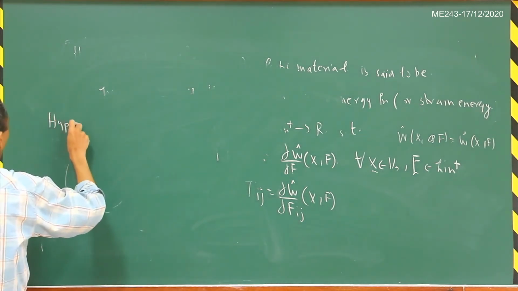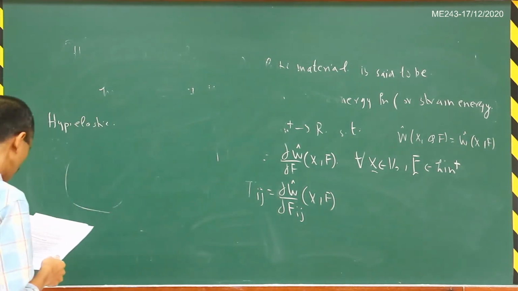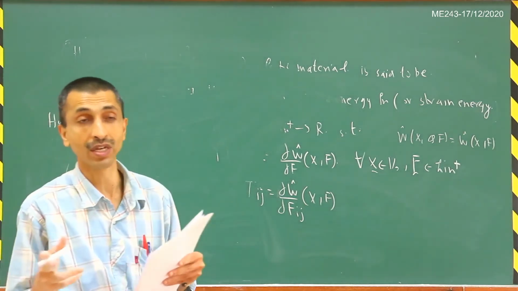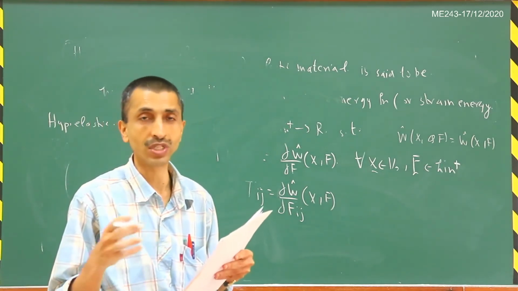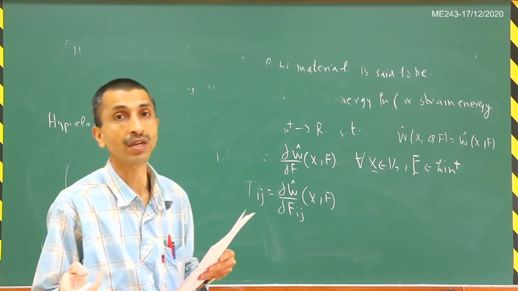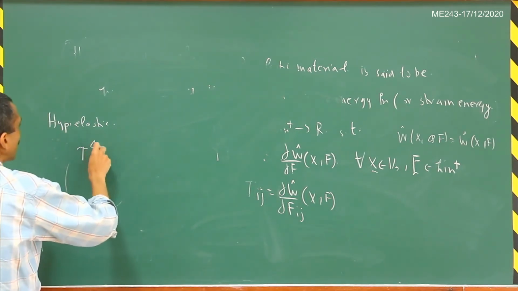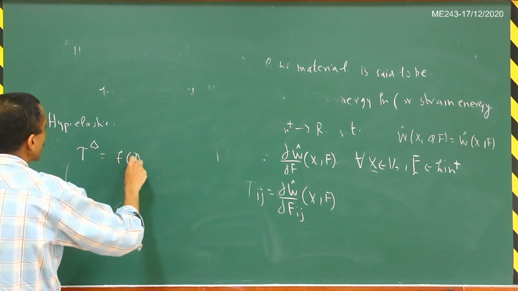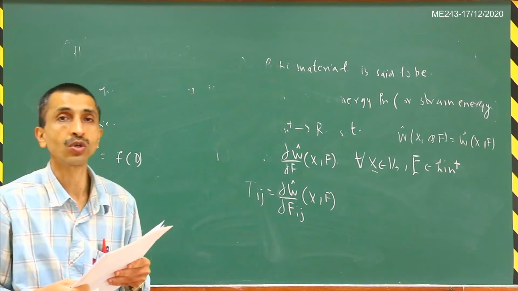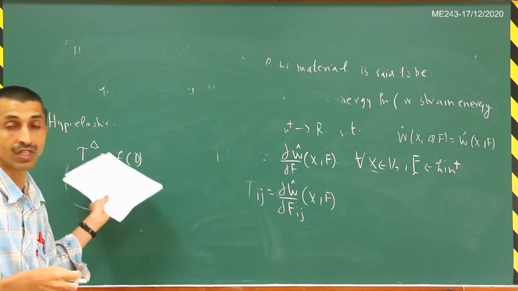In a hypoelastic material, the stress rate, like what we discussed, the Jaumann stress rate and the Truesdell stress rate, would be related to the rate of deformation tensor. So let us take that tau diamond, or whatever, is a function of D. These kinds of models have also been used to model elastic materials, but there are lots of shortcomings of these hypoelastic material models.